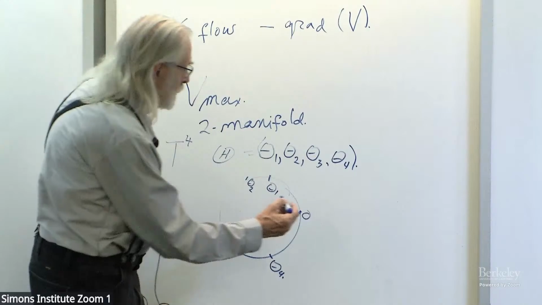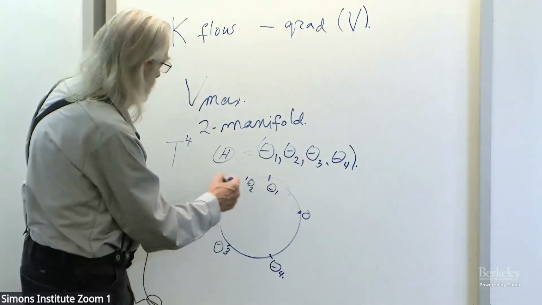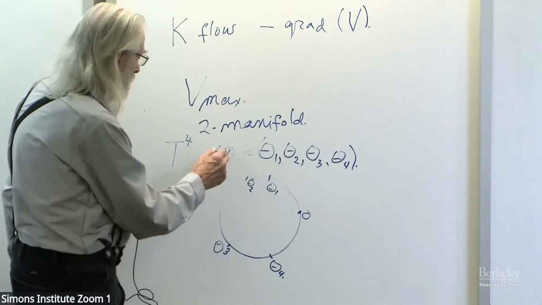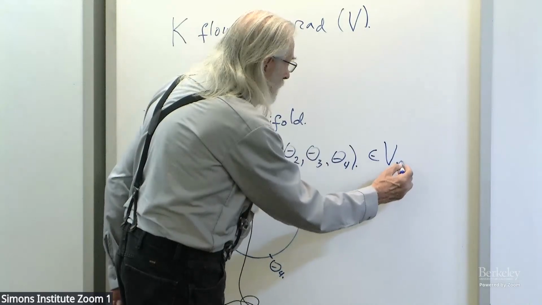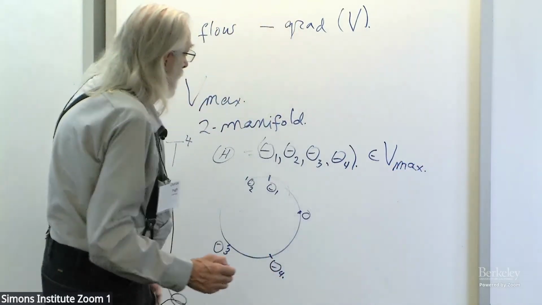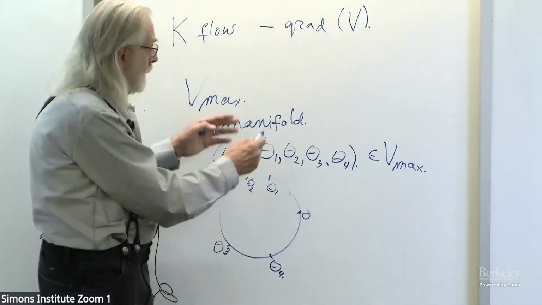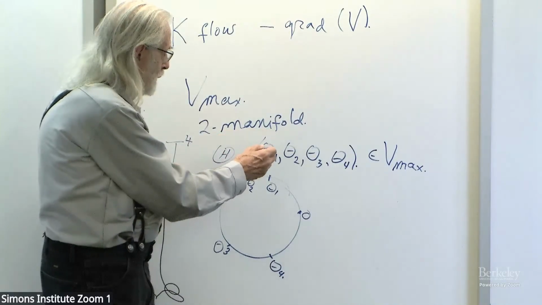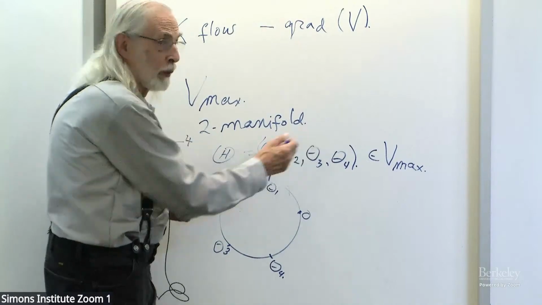You can also see that each capital Theta which belongs to Vmax, I shouldn't have said each point. Most of the points have these separate thetas: theta 1 is positive, theta 2 is bigger than theta 3, and so on.